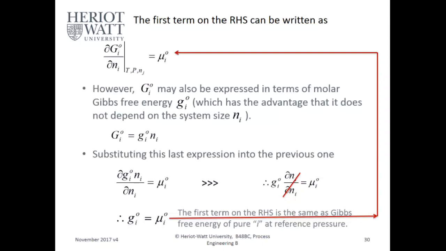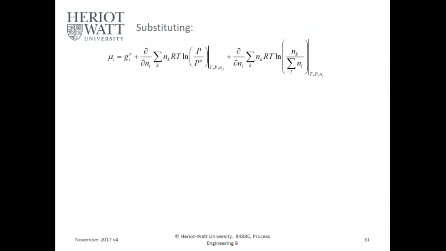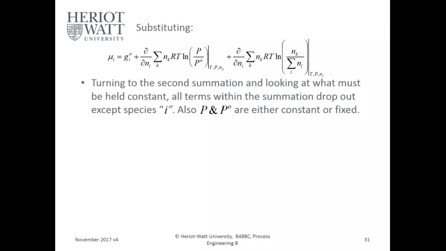And the first term on the right-hand side is the same as the Gibbs free energy of a pure component I with respect to pressure. Substituting into the previous equation, turning to the second summation and looking at what must be held constant, all the terms within the summation drop out except species I. Also P and P0 are either constant or fixed.